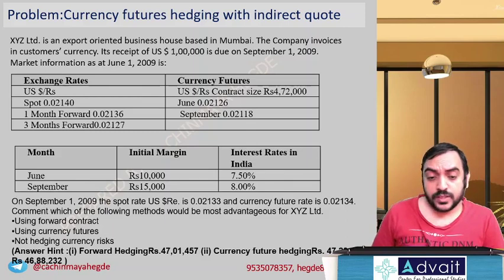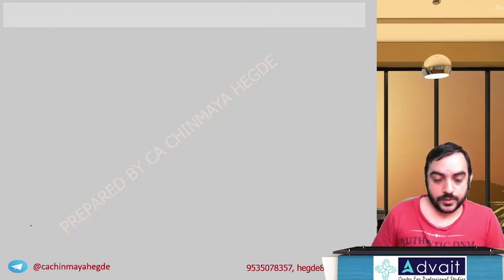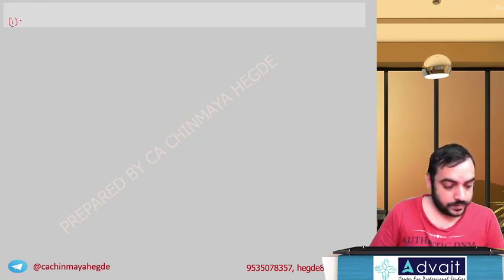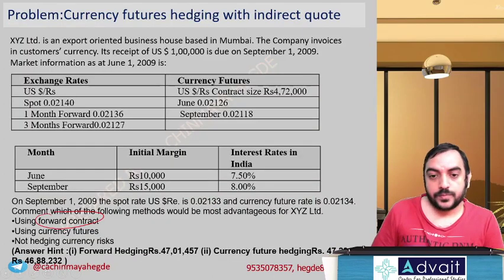Okay, first one is using forward contract. Let's do it quickly. That's much easier to do. Okay, so first, forward cover. Okay, this is for an exporter.